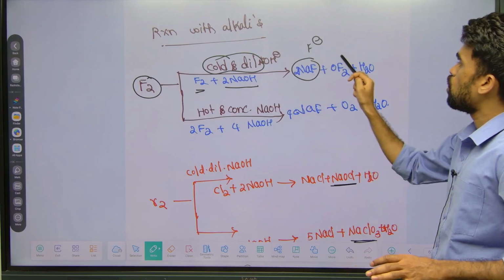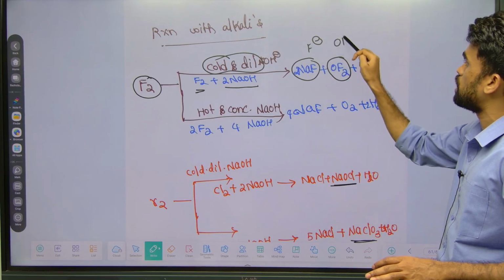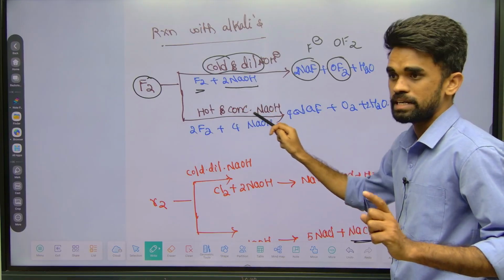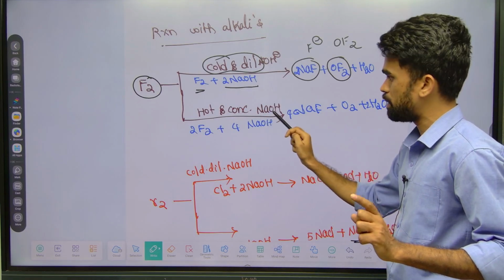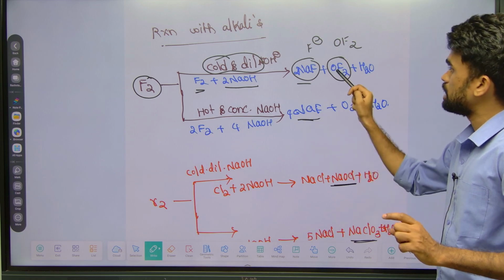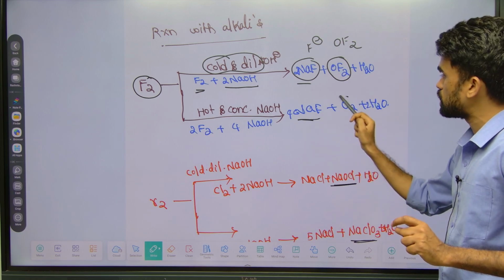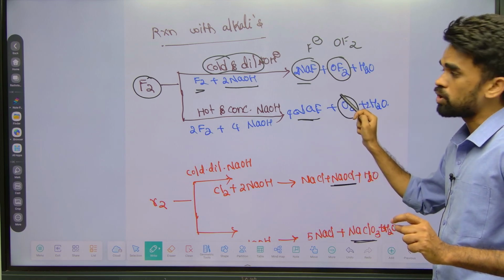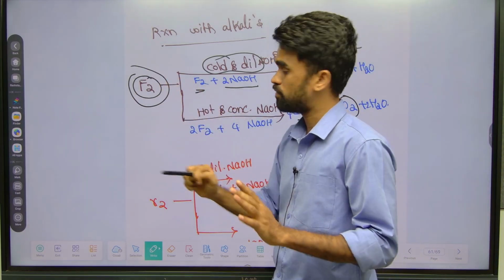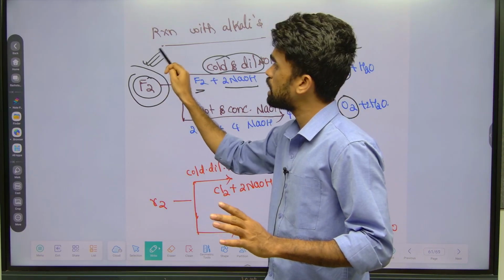Along with that, OF2 is formed. What is the product formed? OF2. Okay. If I consider hot concentrated NaOH, a concentrated base, the same NaF is formed, but instead of forming OF2, the product formed will be O2. So this is a scenario in the case of fluorine only. For what? Only fluorine.